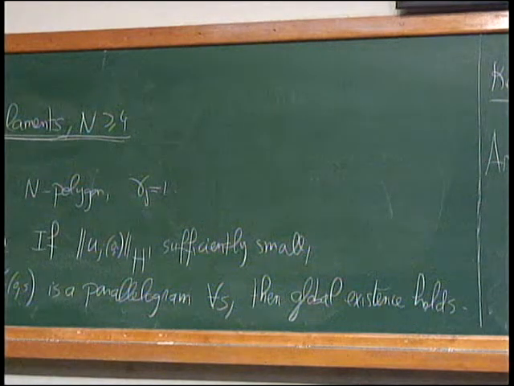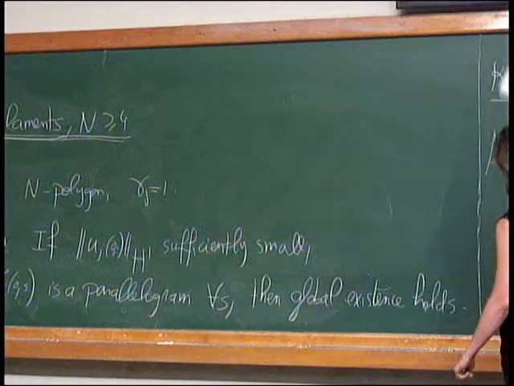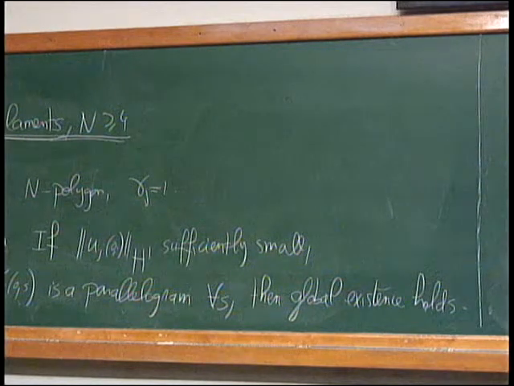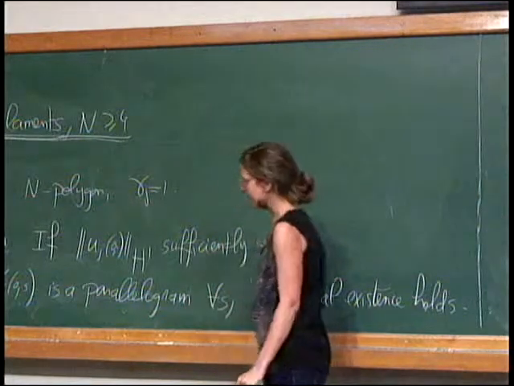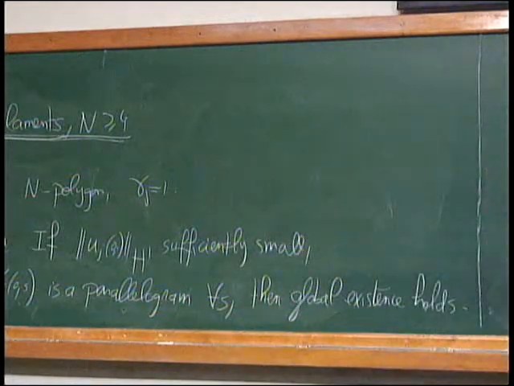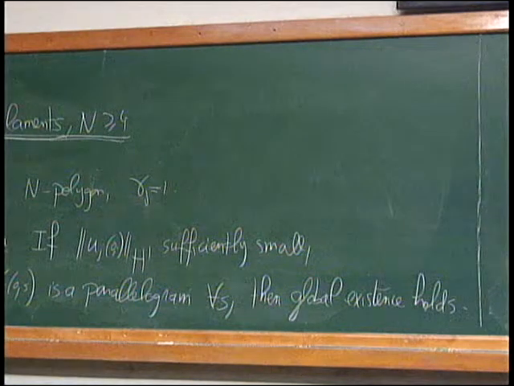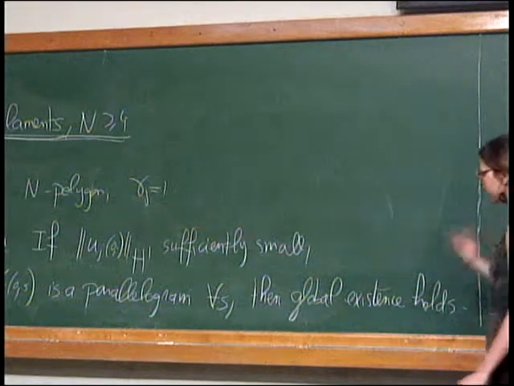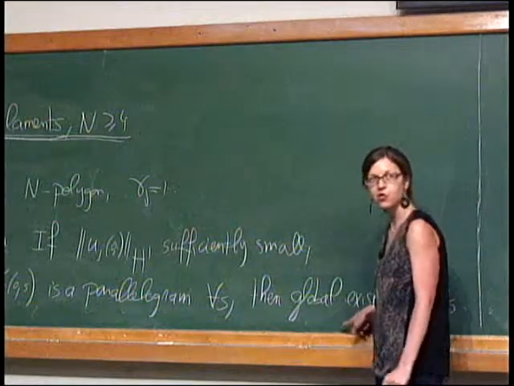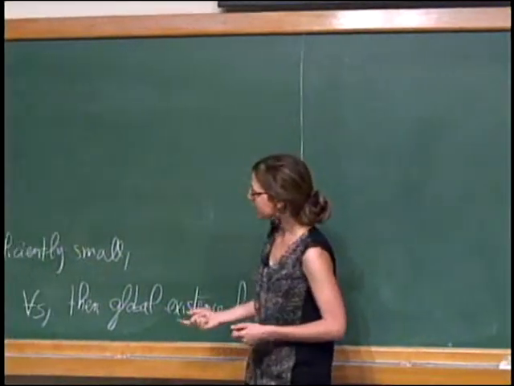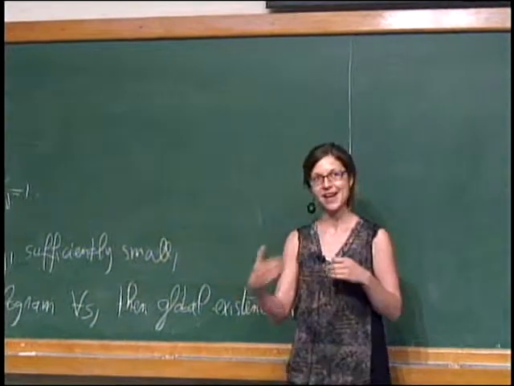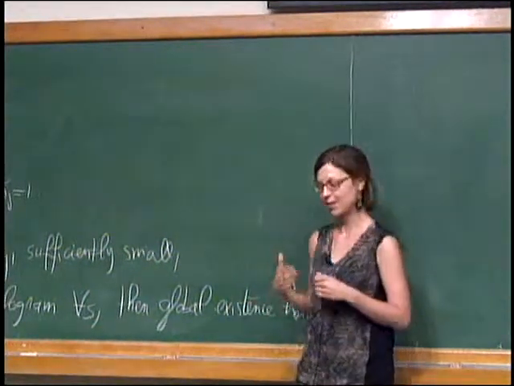This is the first theorem, which is a kind of extension of the previous one to the case of 4 vortex filaments. But you have a very strong symmetry assumption. And in fact, if you don't consider an initial perturbation which is a parallelogram, you can still obtain a large time existence result, and it's possible to estimate the time of existence depending on the distance to the parallelogram configuration.